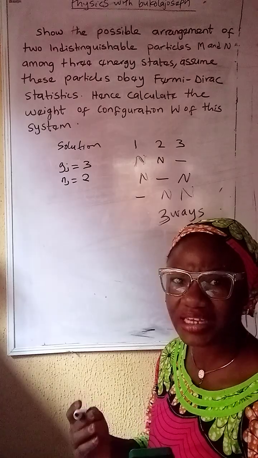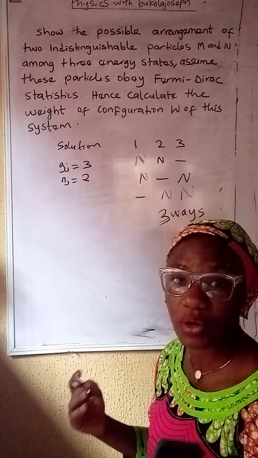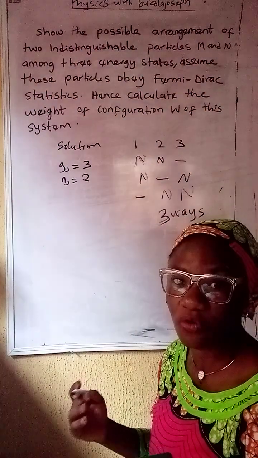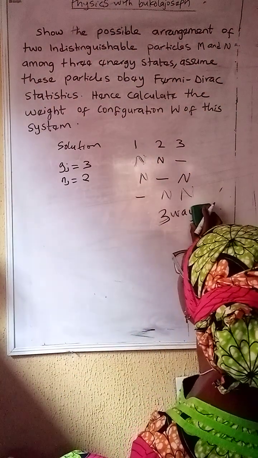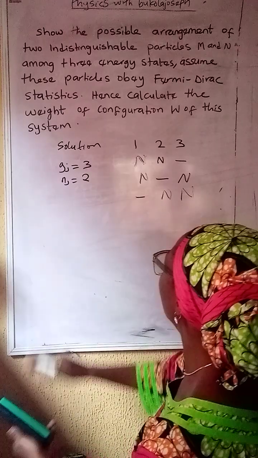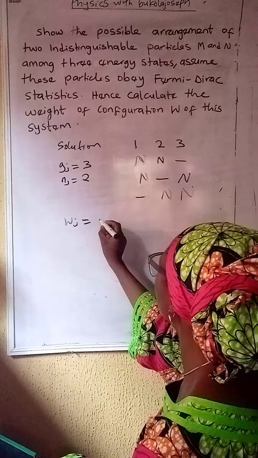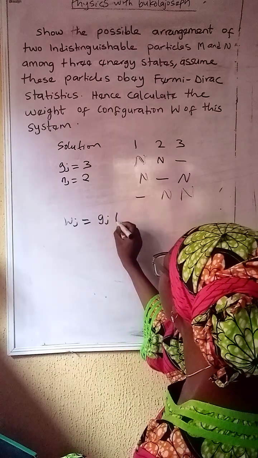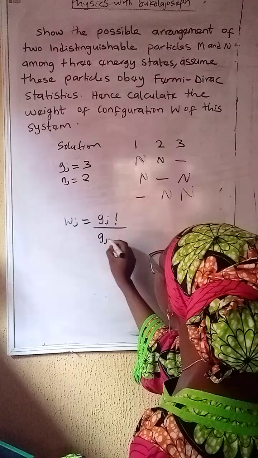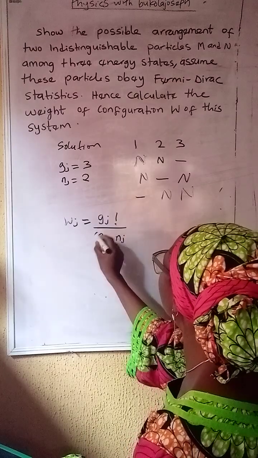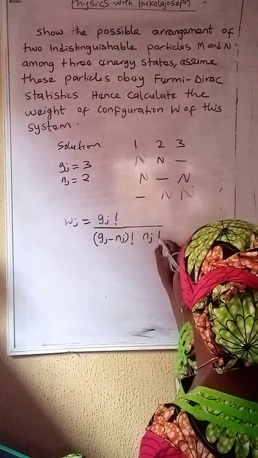Now we want to find the weight of configuration. There is a formula that we are going to be using. This is the formula: the weight Wj is equal to Gj factorial all over (Gj minus Nj) factorial, Nj factorial.